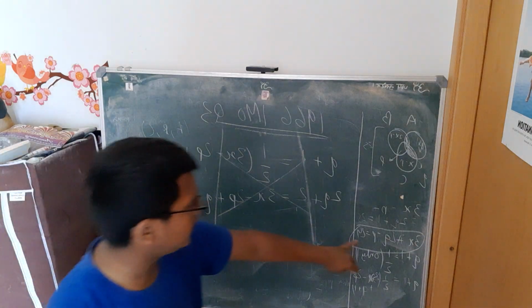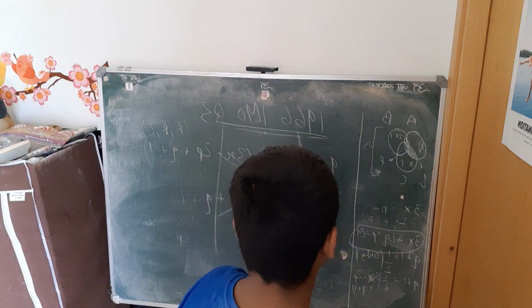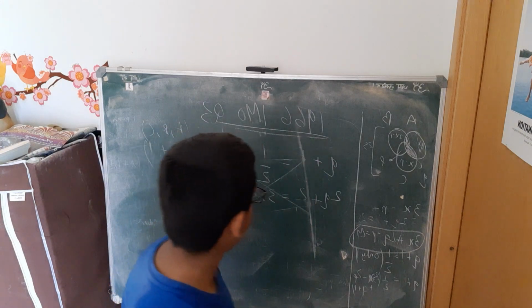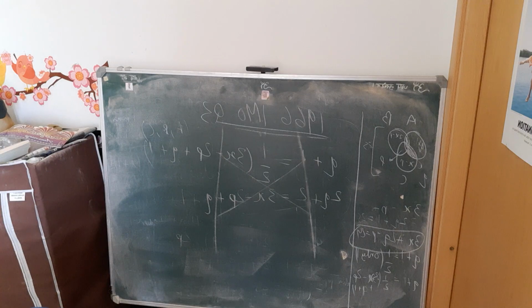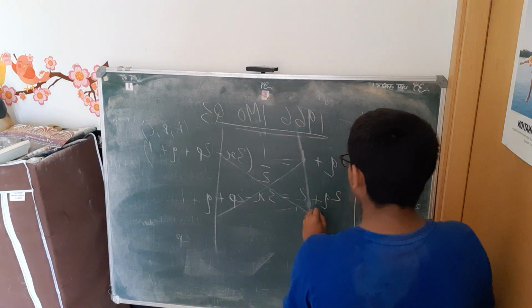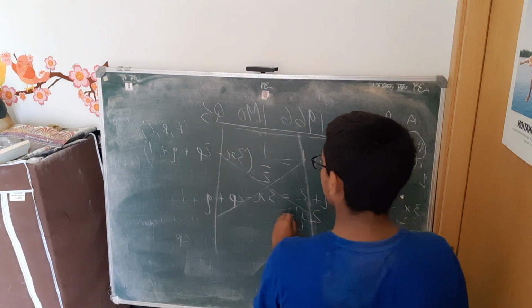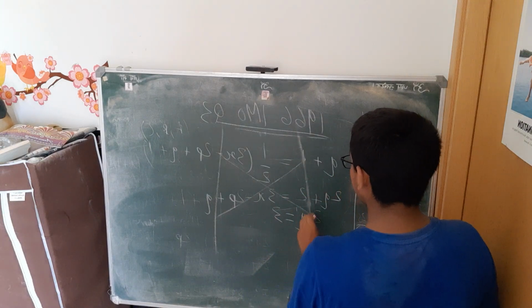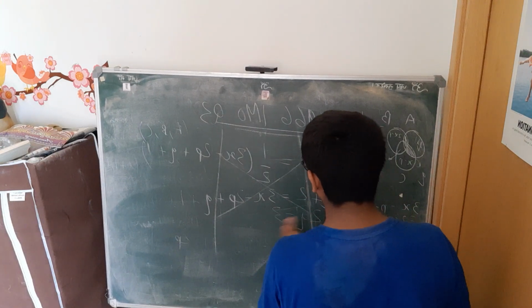So if we look at this equation again, 3x plus 2q minus p equals 24, right? If we look at it again, then we can see that 2q over here equals, we don't want q, okay.